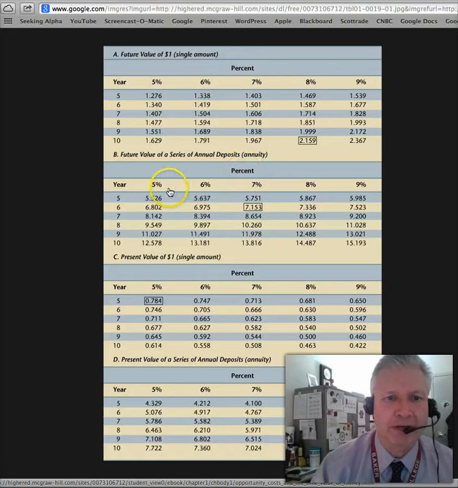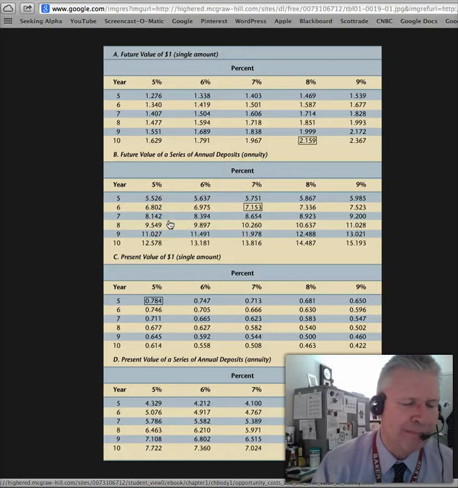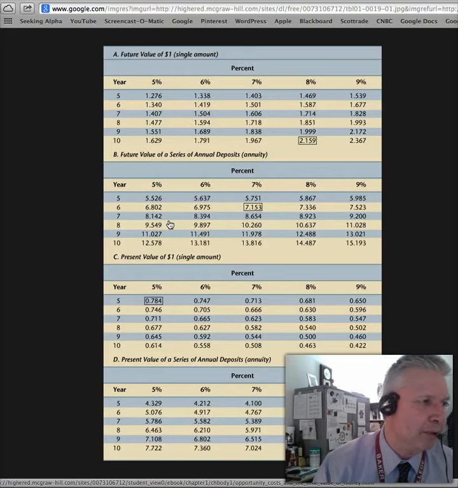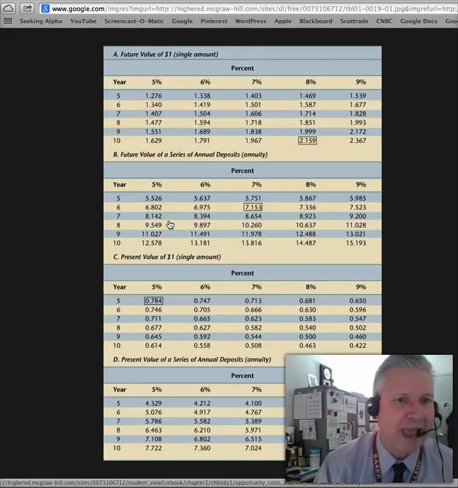Also, you'd have to adjust the percentage. So if we multiplied the number of years by the number of compounded periods, 2 times 4 would give us 8.